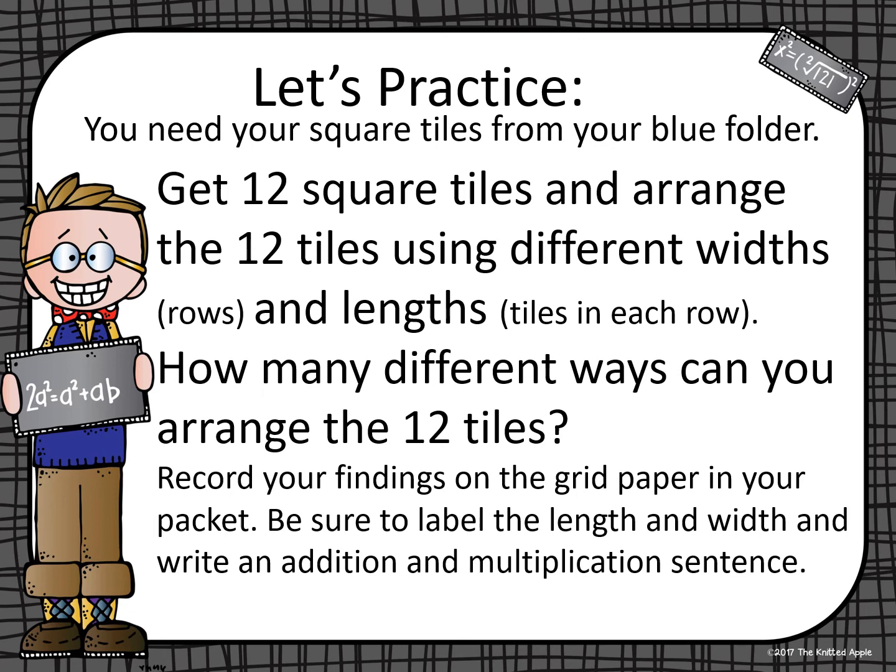Now I can write an addition sentence with 6 plus 6, and I can also write a multiplication sentence with 2 times 6 equals 12. And we know it's going to be 12 because we already have our total square tiles. So 2 times 6 equals 12.